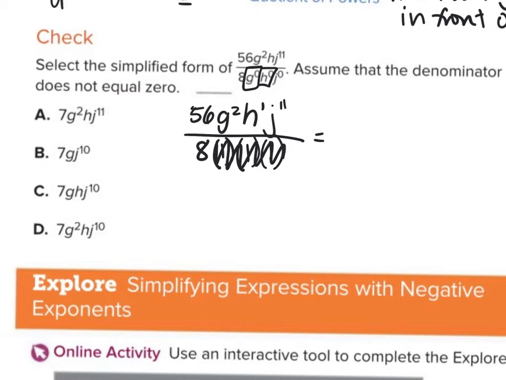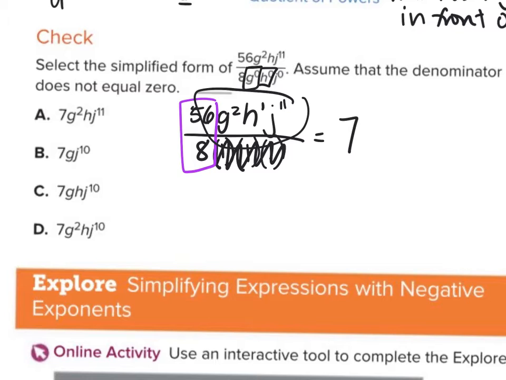All right, now we do like last time. So division. Divide the numbers. What's 56 divided by 8? And you can type it in. 56 divided by 8 is what? 7. Thank you, Jackie. And is there anything to combine with these variables? Any like terms for those? Like, is there a G on bottom?